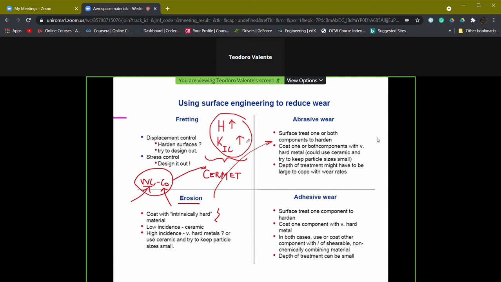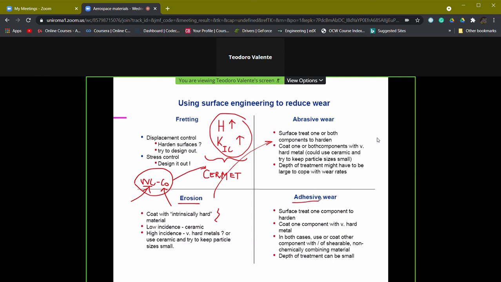reduce the severity of wear problems, because it gives us benefits whether we think of erosion wear, abrasive wear, or adhesive wear.